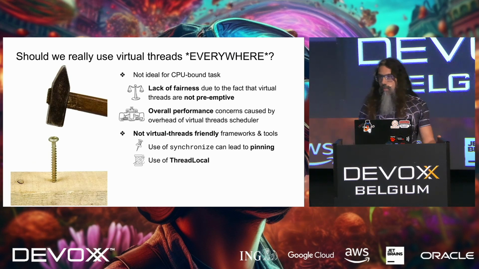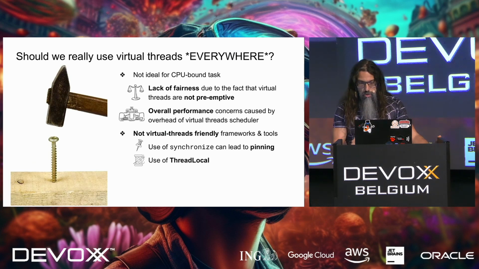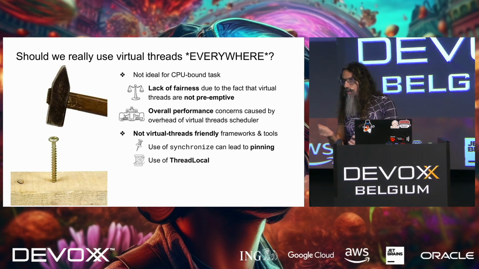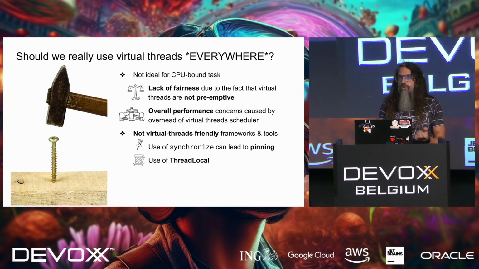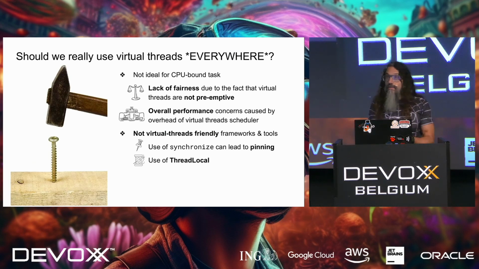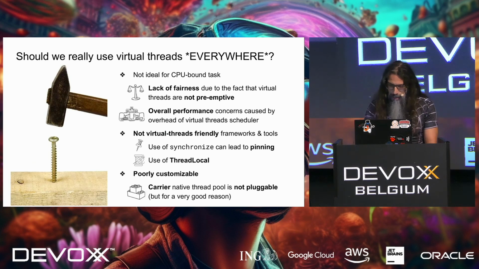And there is also a problem with tools using ThreadLocals, and I will show you why. So yes, what Brian Goetz said this morning is true: ThreadLocal works perfectly with virtual threads, but the problem is exactly there, and I will show you why.